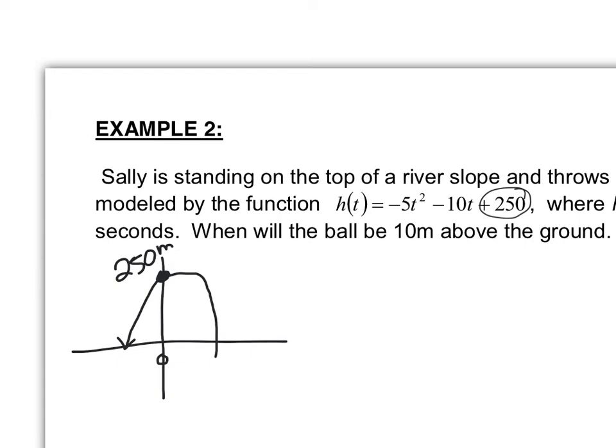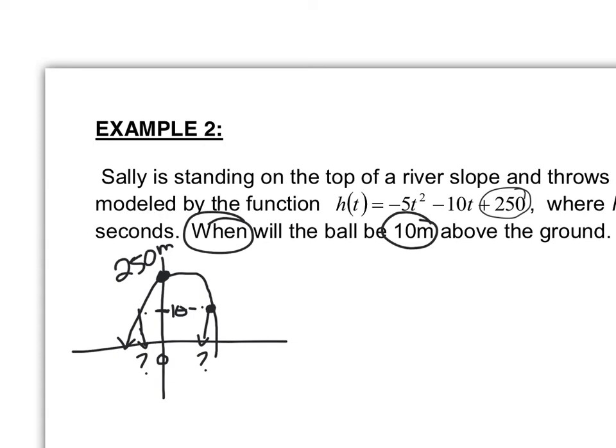And we want to find when the ball will be 10 meters above the ground. So what we need to do is solve for when this 10 meter height occurs, when being what time this rock is at 10 meters from the ground.